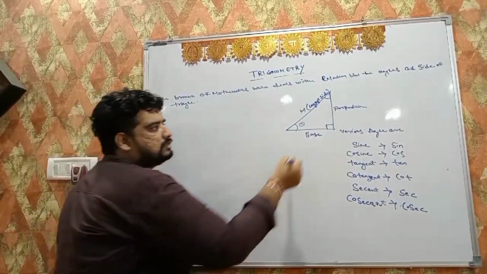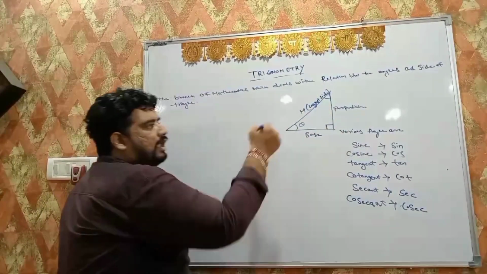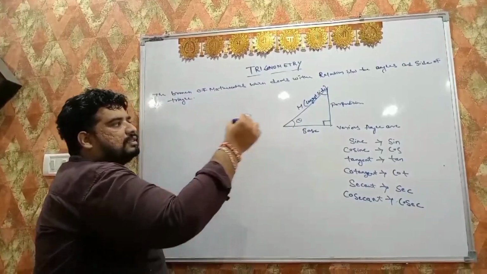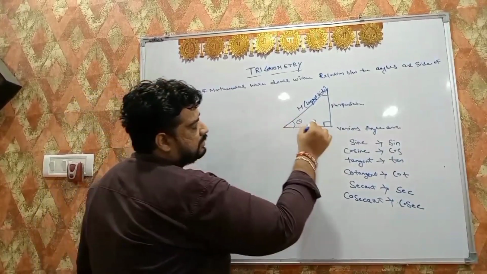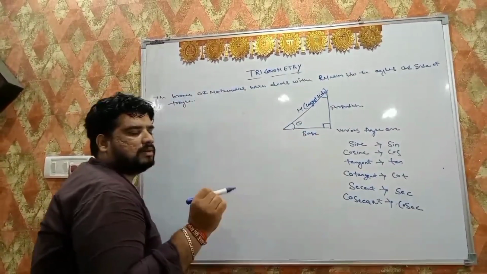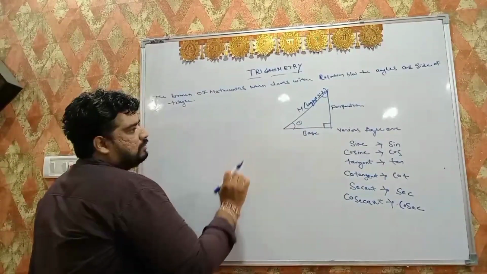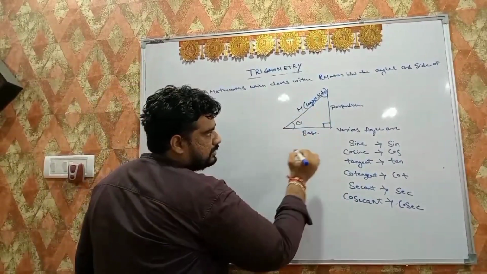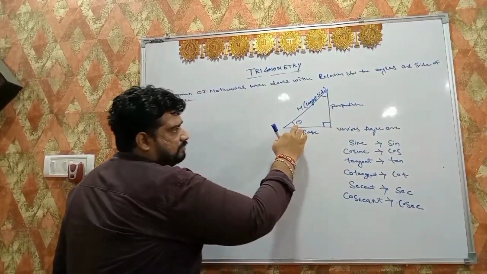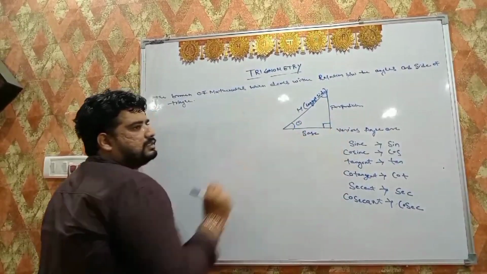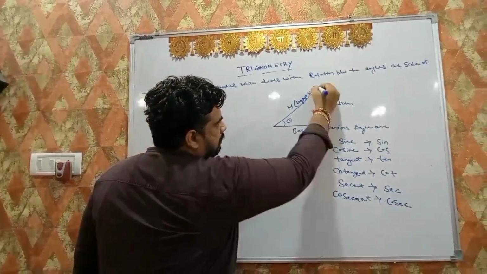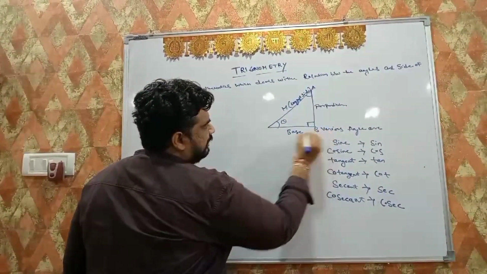is 90 degrees, because according to the triangle property, the sum of the three angles of a triangle is 180 degrees. So the longest side is known as the hypotenuse, the side opposite the angle is the perpendicular, and this is the base. Let us suppose ABC is a triangle.